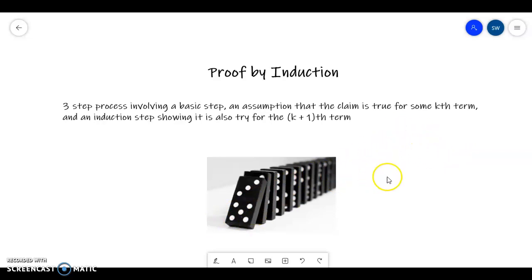And then you take that assumption and say, if that domino falls over, then therefore the next domino falls over. If you're able to show and prove that, then it must be true for every term in the sequence, or in the analogy, every domino falls over, which means your assumption at the beginning is true. So that was long-winded, but hopefully it makes sense once we start doing some problems.